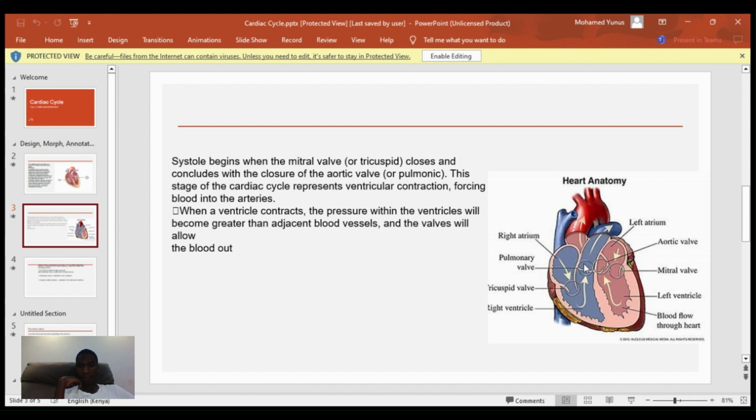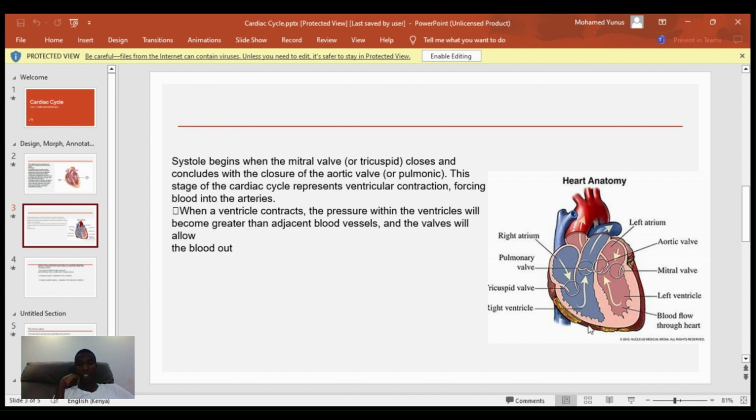They form something like an inverted V. If you take the pulmonary valve, it's an inverted V that faces upward, and the aortic valve is also kind of an inverted V that faces upward.